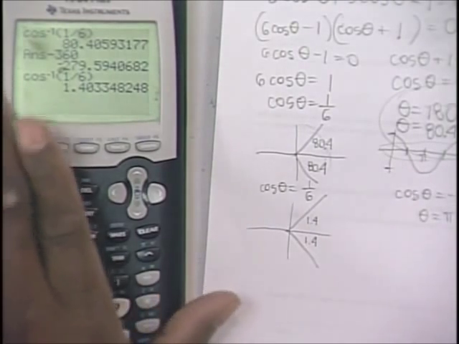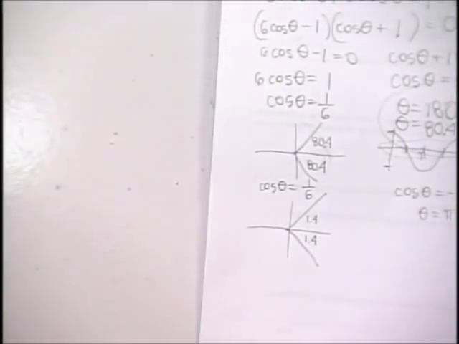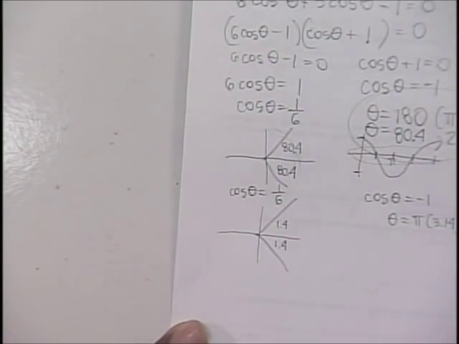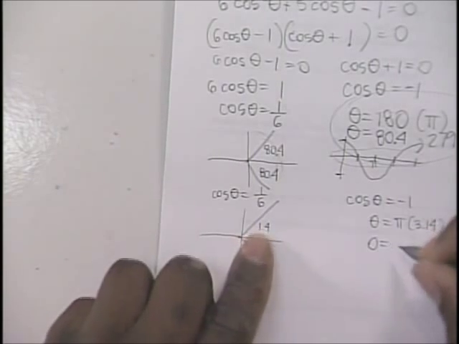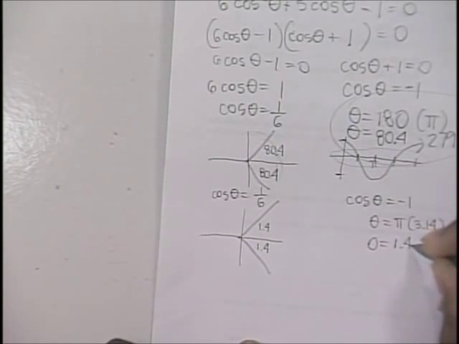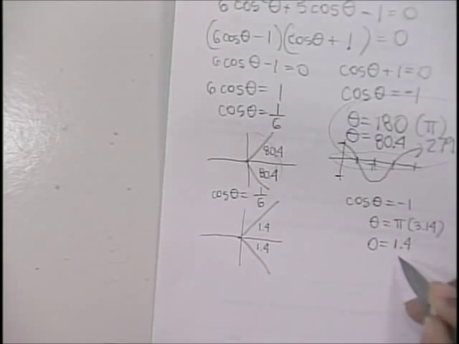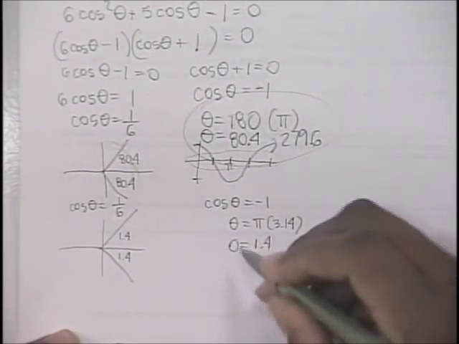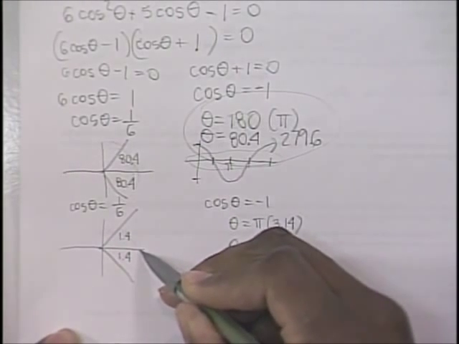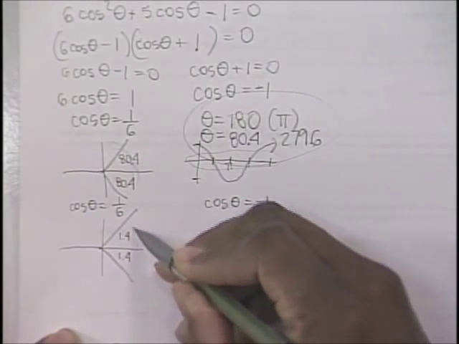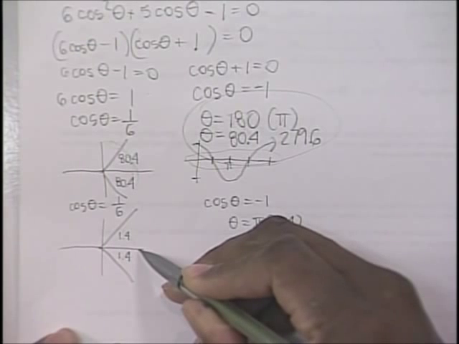So we're going to do the same thing that we did before. One answer is 3.14. Another answer would be 1.4. Sorry, that's a radian measure. And this is 6.28. This is 2 pi, which is equivalent to 6.28.